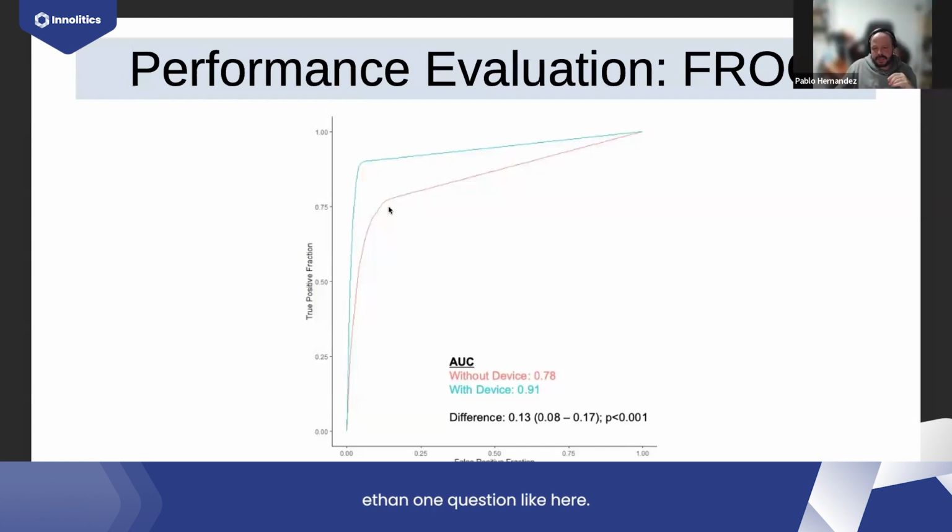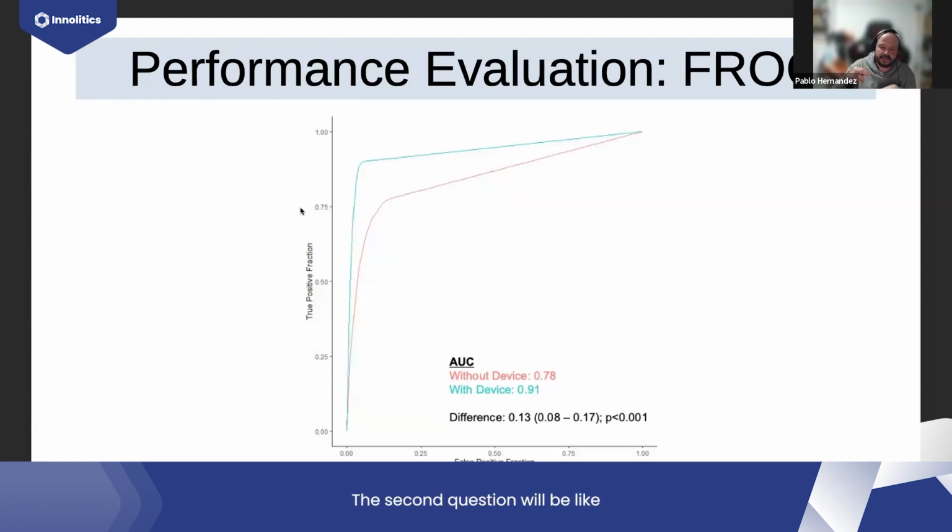Ethan, one question, like here you showed one kind of lesion, right, or one segmentation of liver, just one segmentation, like what is the sample size, how many samples or how many images does the FDA recommend for that?